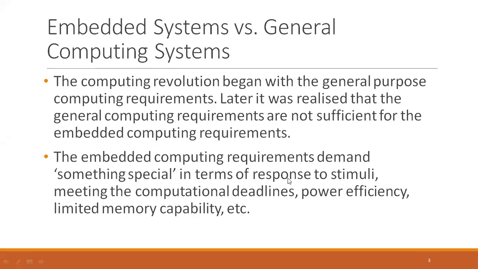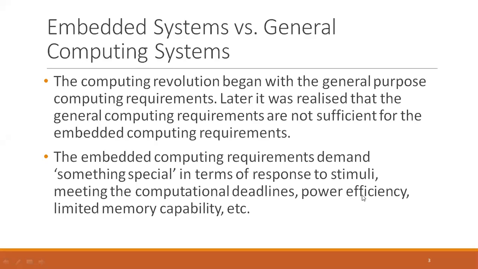As and when you press something on a mobile device, which is also an embedded system, as soon as you press a button, it has to open. That is called a stimulus. Meeting the computational deadlines: it has to handle multiple applications simultaneously, right?